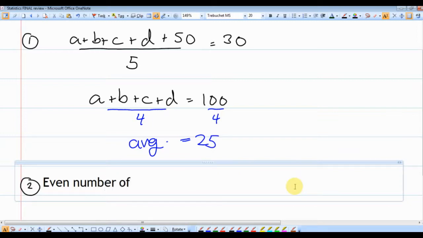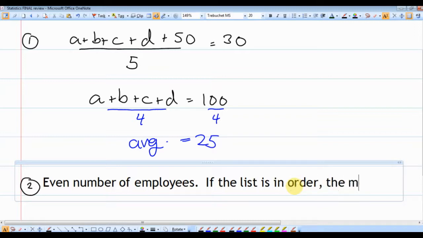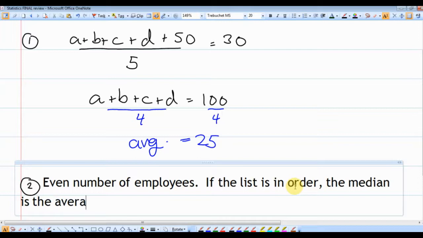Are these employees? Did I read that right? Employees. Right. If the list is in order, then the median is the average of the 20th and 21st employee from the bottom.